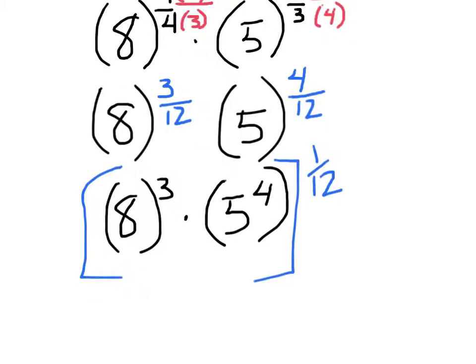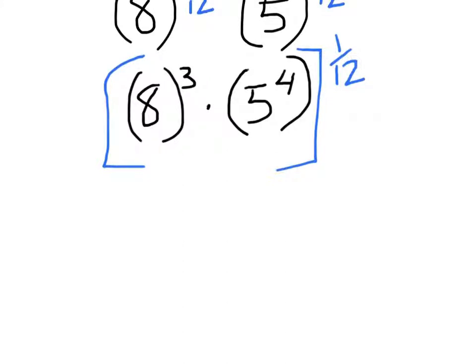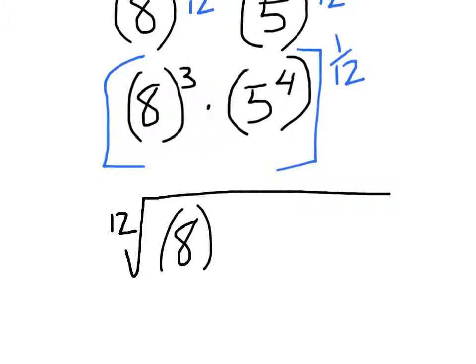So now the final step is to actually figure out 8 cubed and 5 to the 4th and take the 12th root of it. So it means this: the 12th root, right? That's what we get out of the 1/12 of 8 cubed times 5 to the 4th.